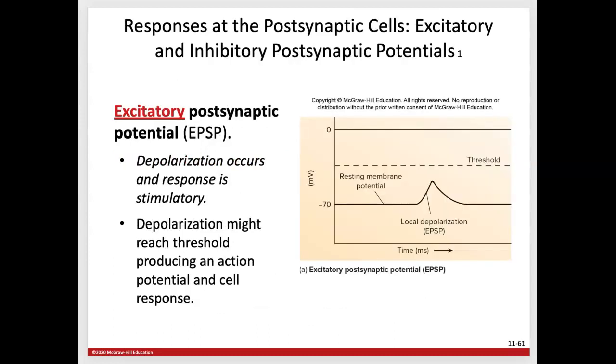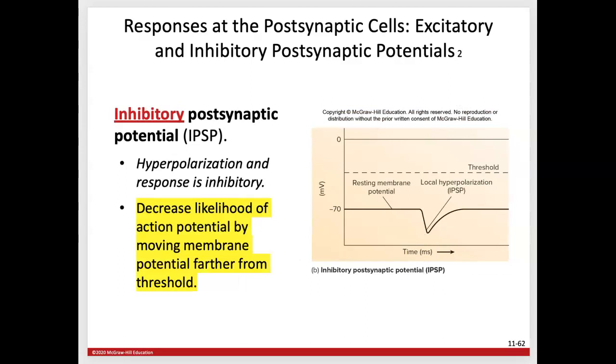So responses at the postsynaptic cells can be excitatory and inhibitory. An excitatory postsynaptic potential, EPSP, is basically depolarization, and the response is stimulatory. And then let me move to the next one. The inhibitory postsynaptic potential, IPSP, is basically hyperpolarization, and the response is inhibitory.